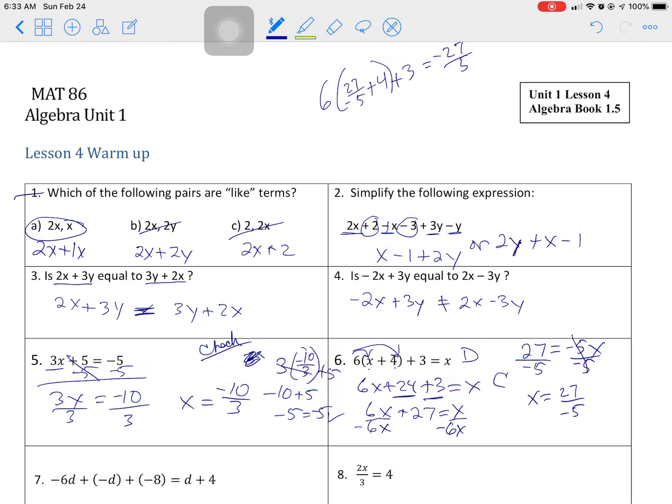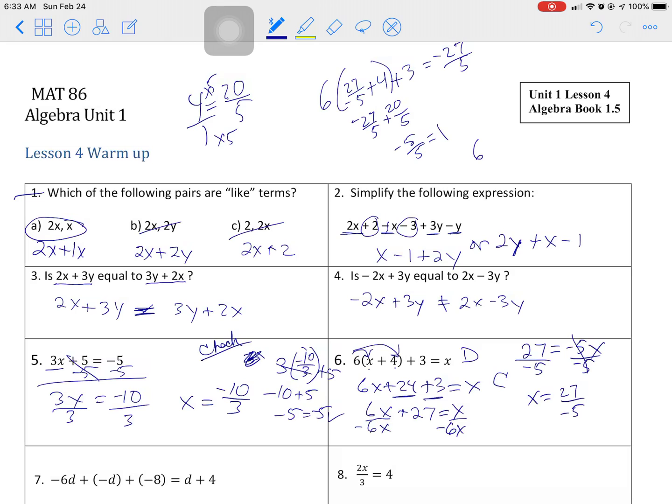Okay, so negative 27 over 5 plus how many? What is 4 as something over 5? This was times 5, so that's 20. So this would be 25ths. So this would be 27 minus 20, is negative 5 fifths. Negative 5 fifths is a 1.